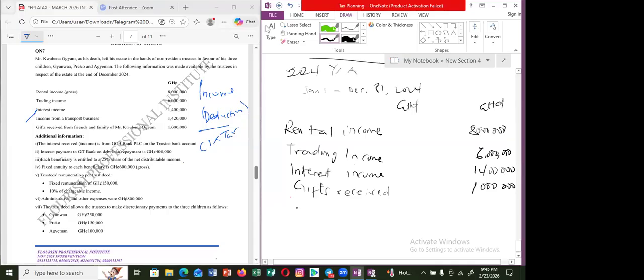So income from the transport business, that's also 1,420,123. Right. So let's add everything.